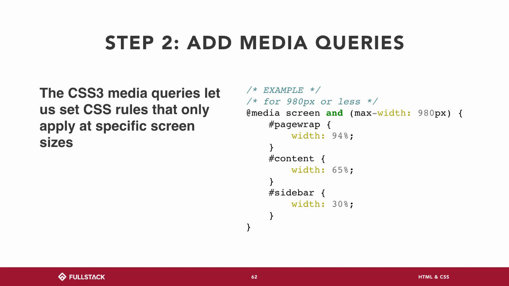So media queries basically allow you to target different screen sizes and different resolutions. So, in this case, you could specify your CSS styles, and this would work for tablets where the maximum width was 980 pixels.